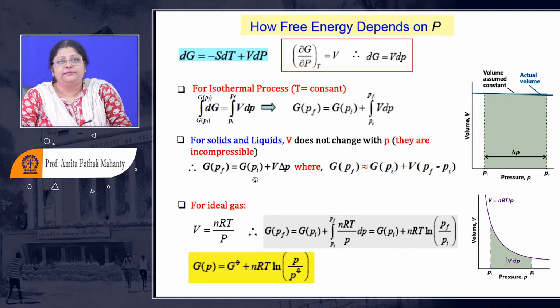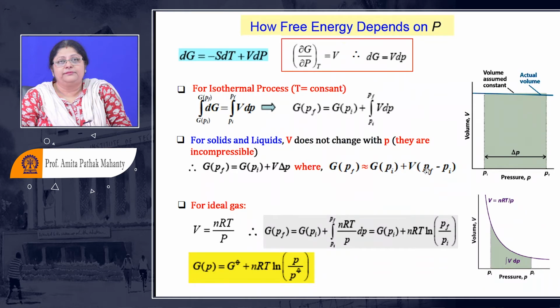But when you have a solid or a liquid, they are almost incompressible, so there is no change in volume with respect to the pressure. So we can rewrite that as the final G of the system being equal to the G at the initial plus the volume times the pressure change from the initial to the final.